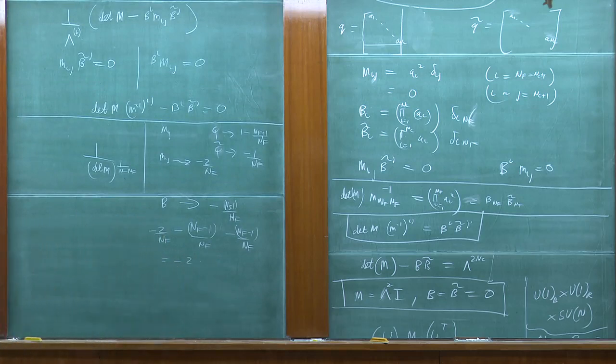Now, did we want R charge 2 or minus 2 for this? Plus 2. What have I done wrong? Just one. Let me look.